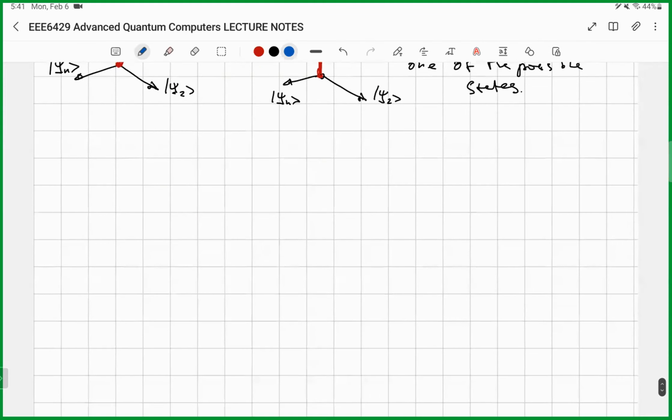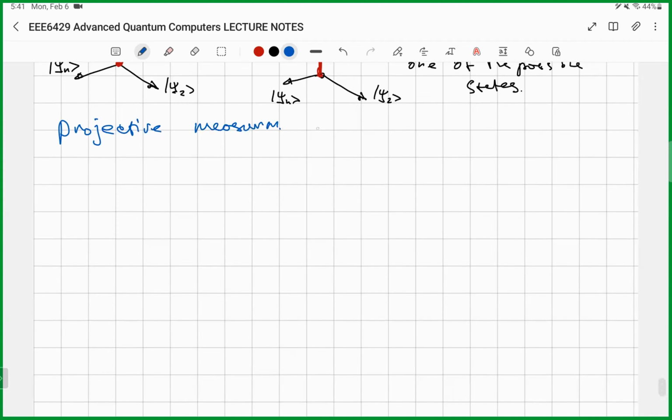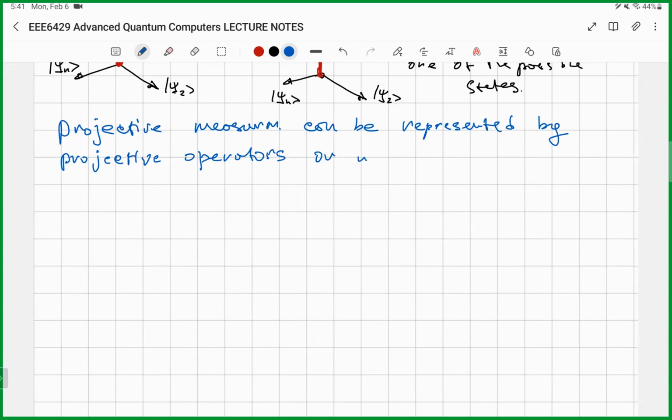And projective measurements can be represented by so-called projective operators or projectors. Let's write this down. So projective measurements can be represented by projective operators, or projectors.